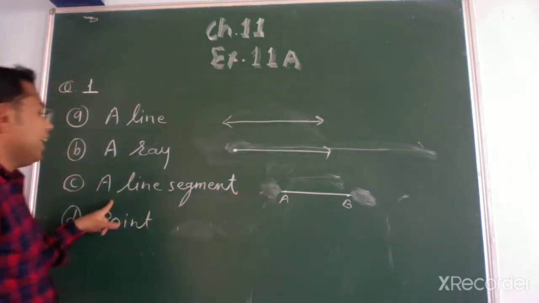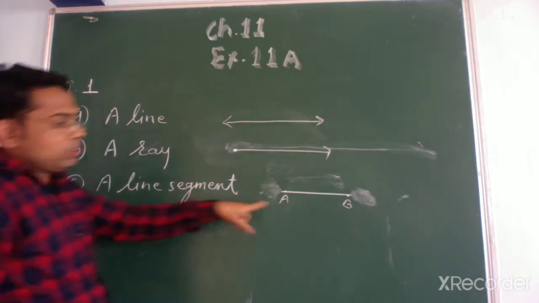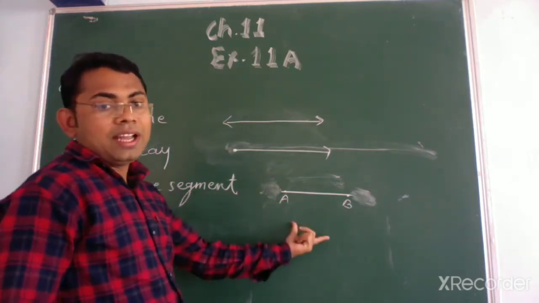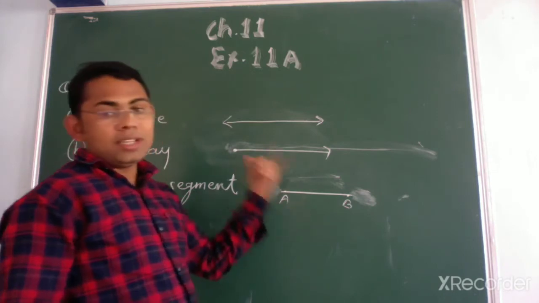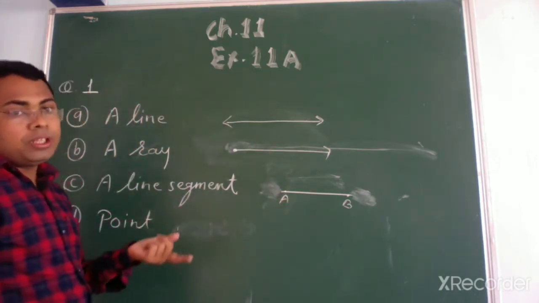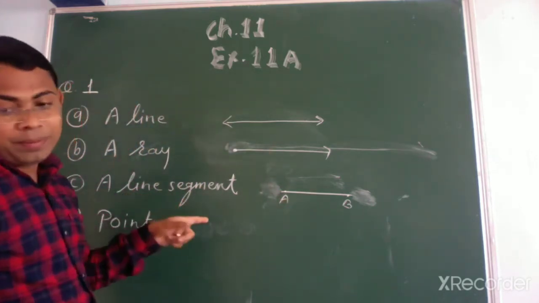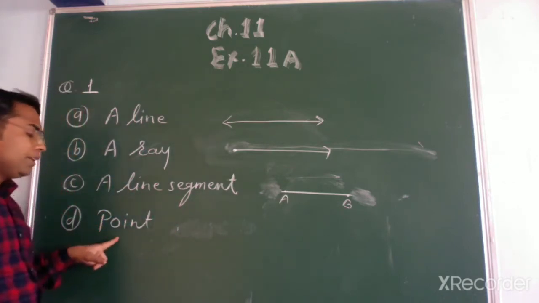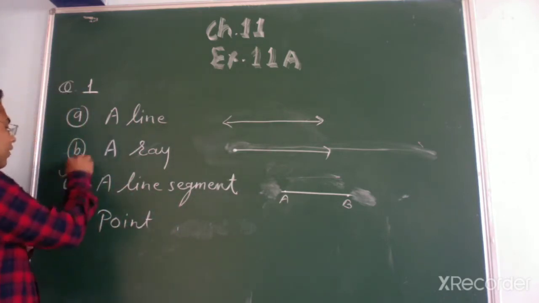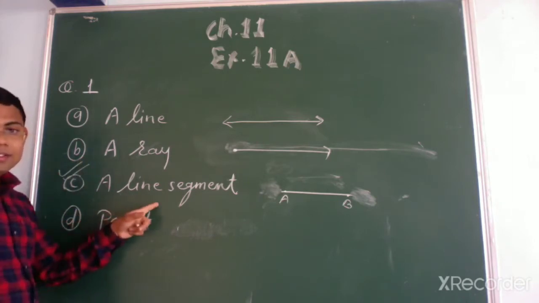A line segment has fixed length because we can measure it, like 5 centimeter, 10 centimeter, 1 meter, 2 meter. So this is called line segment.